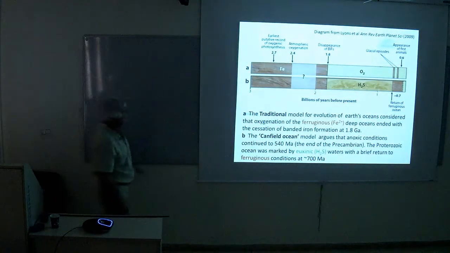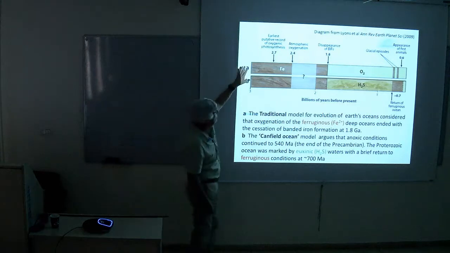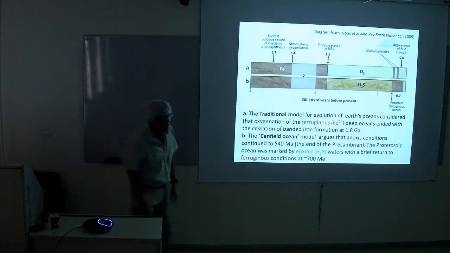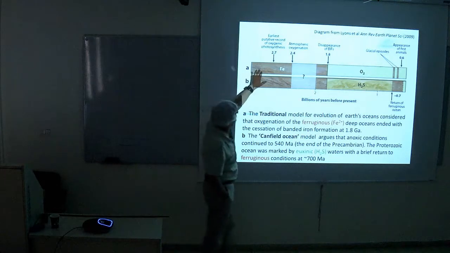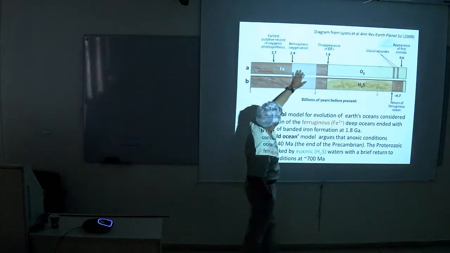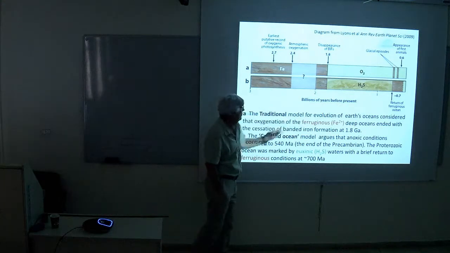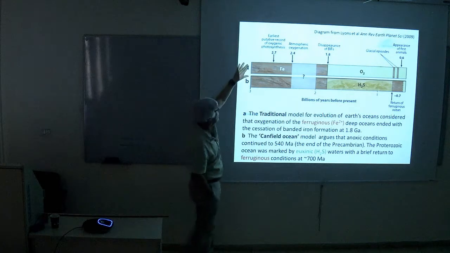And this was thought to be part of what's called the traditional model for the evolution of the Earth's oceans. The Earth's oceans in the Archean into the Proterozoic were thought to be iron rich. They're thought to be ferruginous. This is this first diagram here.